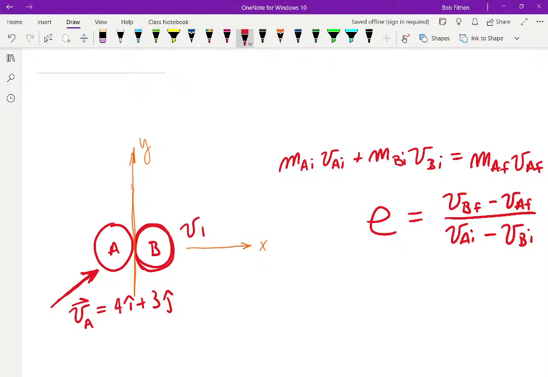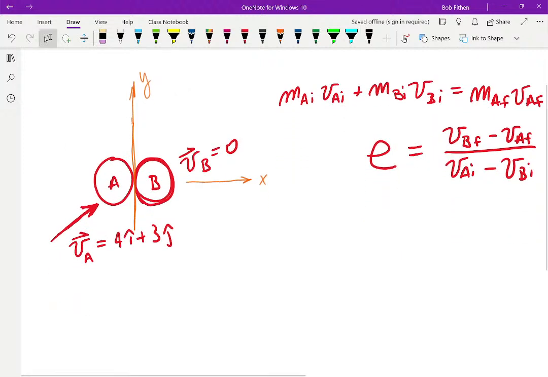Let's say the velocity of B is just equal to 0. So this is the cue ball, and this is maybe the 8 ball or something. Now, how do we determine this? Okay, this is just prior to impact. And then the final state is what?